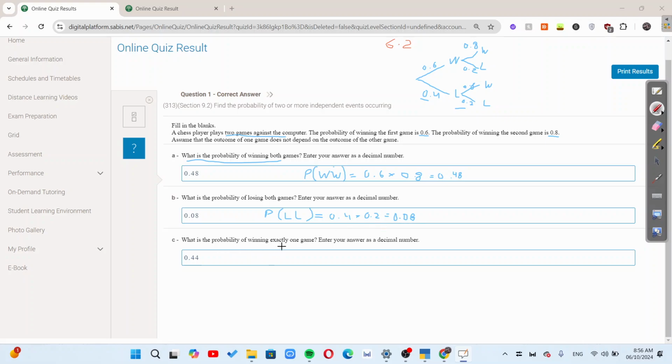What's the probability of winning exactly one game? Which means the probability of win-lose or lose-win. So for this one, you are going to have to do the probability of winning. But wait, let me check something on my calculator really quick.